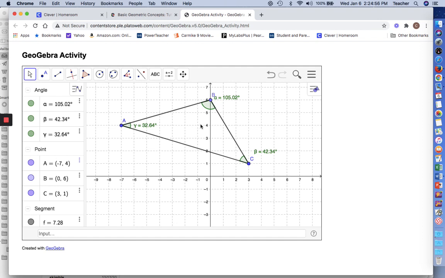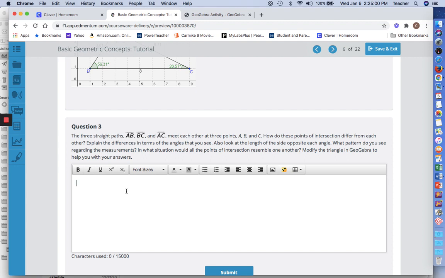So I have an obtuse scalene triangle. All right, so let's say if your two segments were the same, you have an isosceles triangle. If you have all three segments and all three angles that are the same, then you have what's called an equilateral triangle. I just happen to have an obtuse scalene triangle.